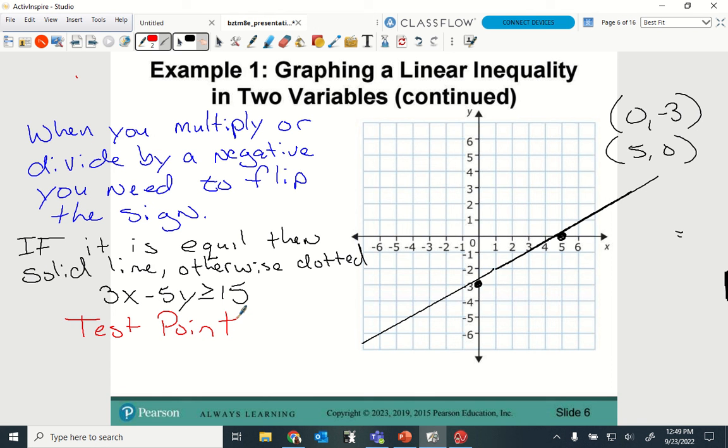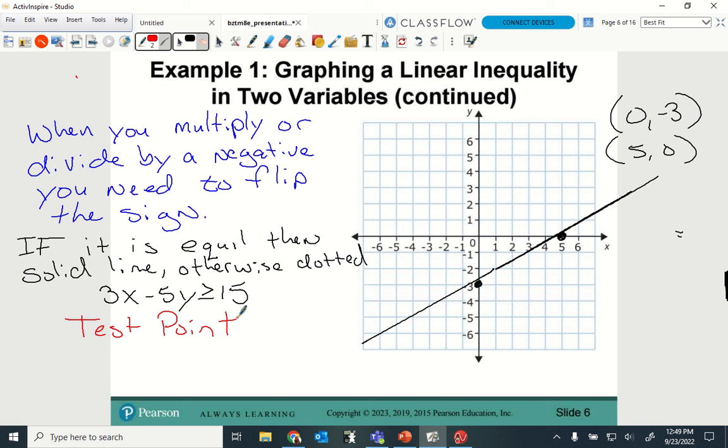Remember, when we're talking about inequalities, it's going to have more than one answer, a bunch of solutions. So when I said x plus y was less than 2, my answer could have been 1, it could have been 0, it could have been -1.